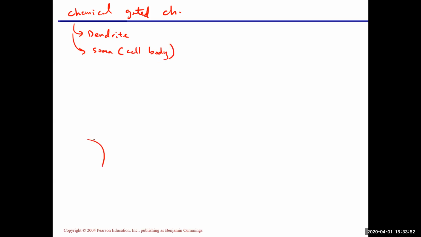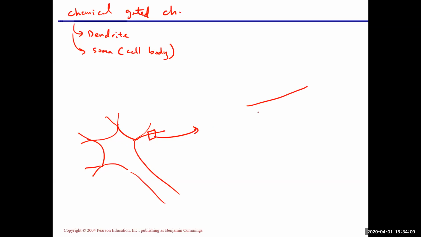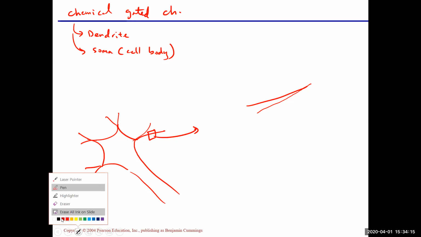So if you have a particular nerve, and the dendrites, the long extension, the receptive parts, and the soma, and everything, we go ahead and take a look and enlarge this part. You see something like this, for example. And you could have chemical gated channels in there.